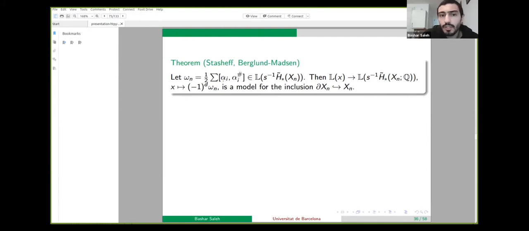So you take the Lie bracket of alpha i with its dual basis vector, and then the map given by the Lie algebra map, which sends x, where we take this as a model for the sphere, to omega n, is a model for the inclusion of the boundary of Xn to Xn.